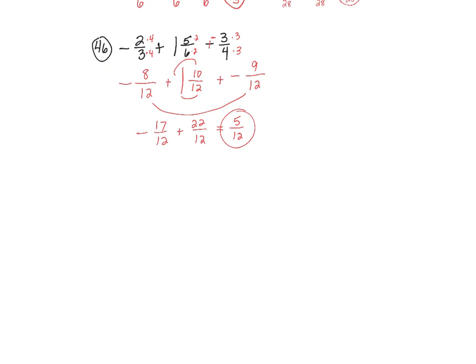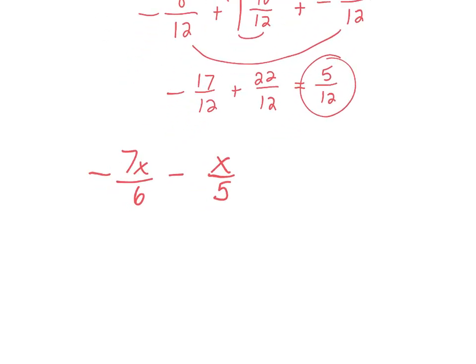If I have negative 7x/6 minus x/5. What's the common denominator between 6 and 5? Anybody? 30? Okay. So I'm going to multiply this by 5.